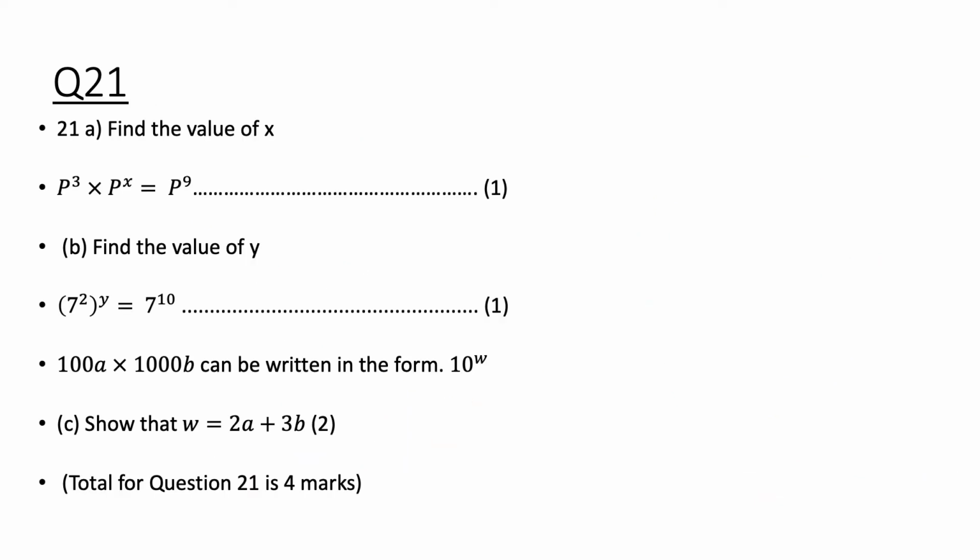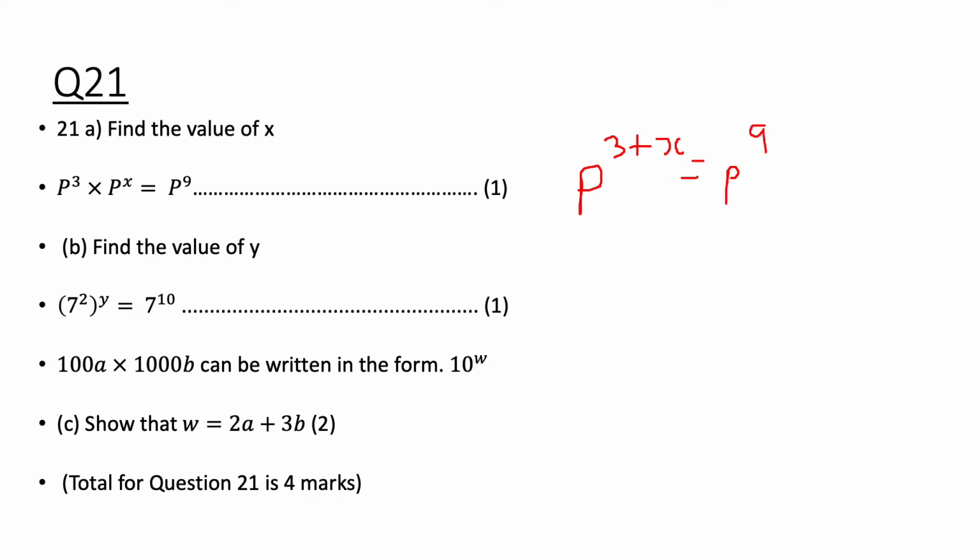Right. Next question, guys. Find the value of x. P cubed times p to the x equals p to the 9. Now, when I have rules of indices, when I times, I'm going to add my powers. I'm going to have p to the 3 plus x equals p to the power of 9.